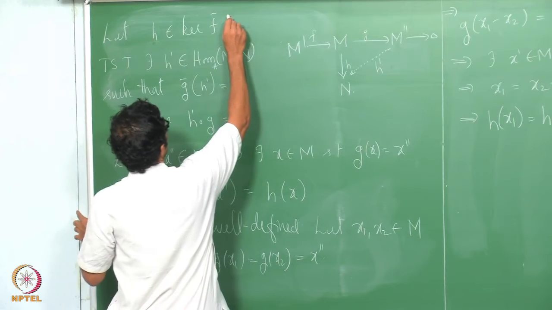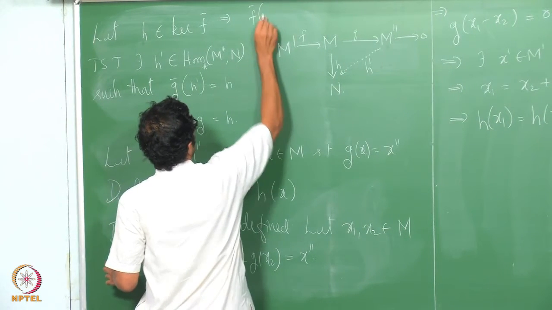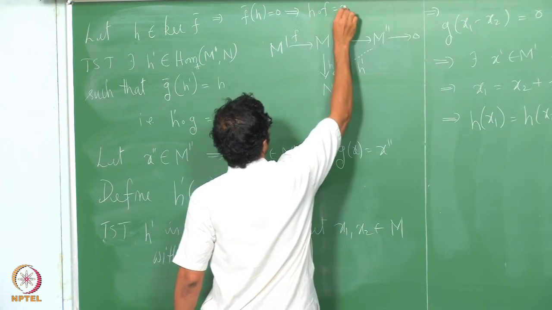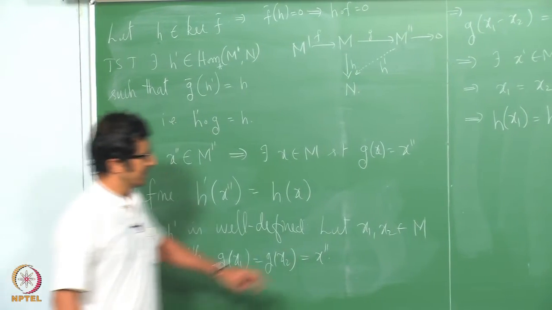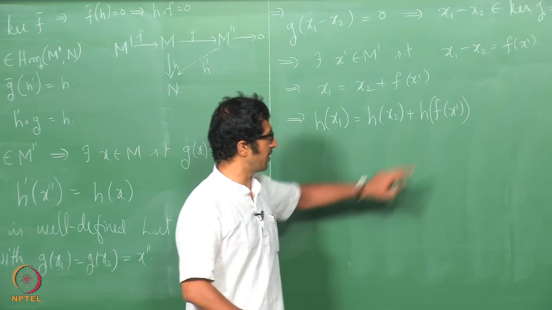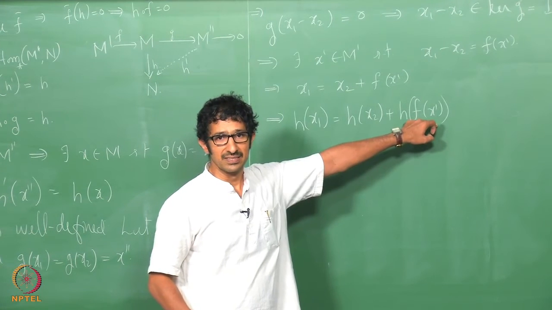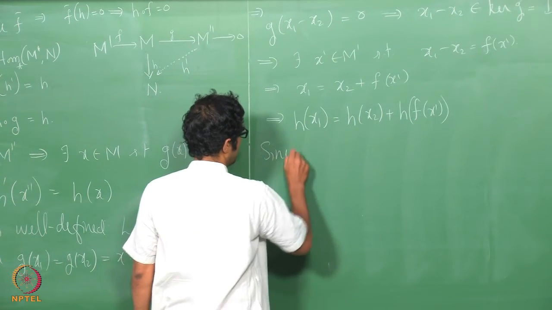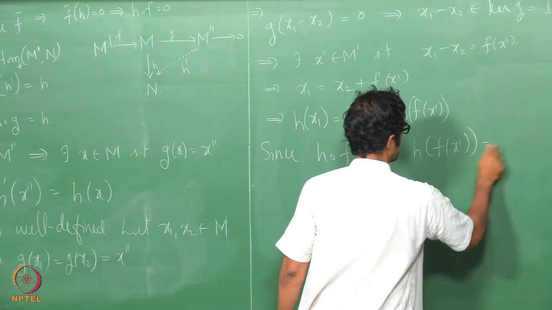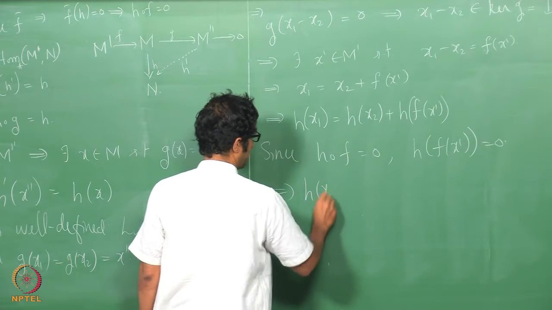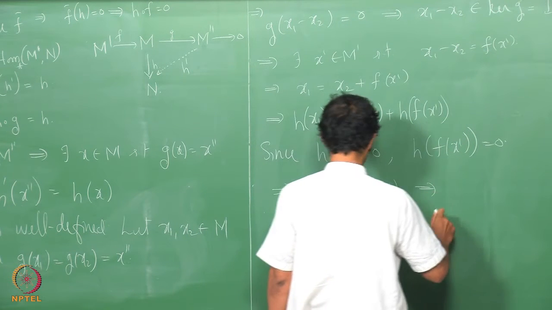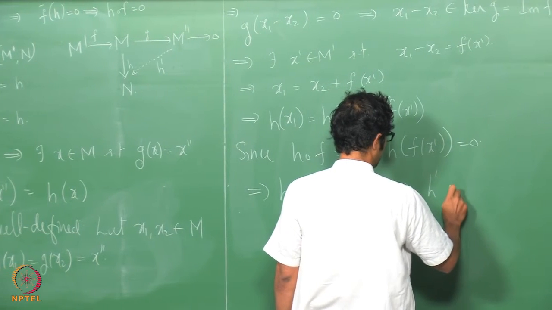This means that f bar of h is 0, or in other words h composite f is 0. And what is this now? This is h composite f of x prime, which has to be 0. Since h composite f is 0, h of f of x prime is 0, and that implies that h of x1 is equal to h of x2, and that implies that h prime is well defined.